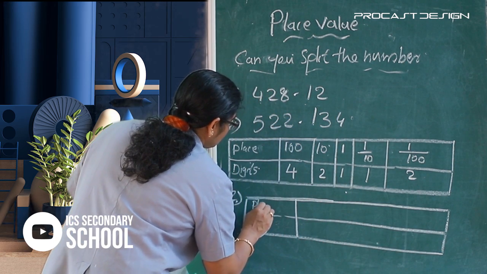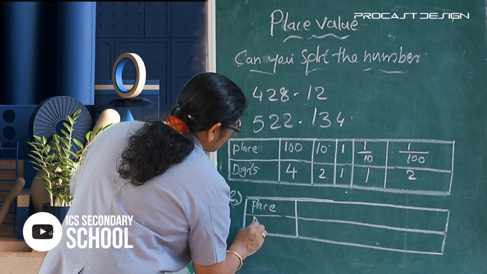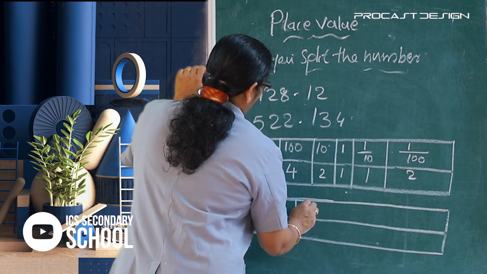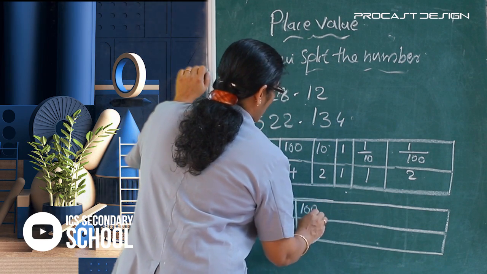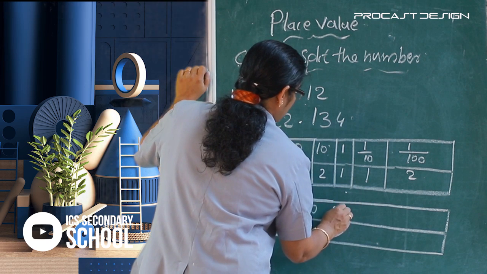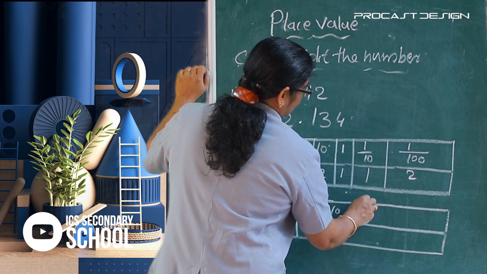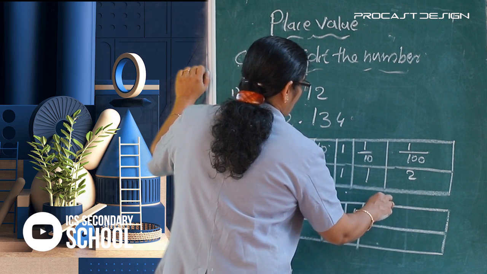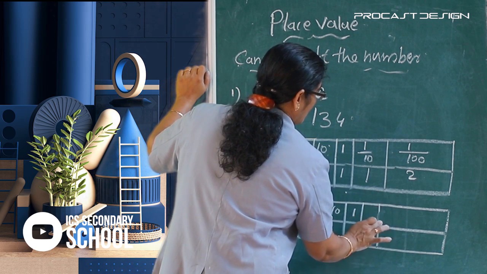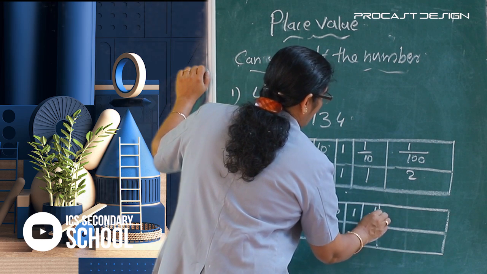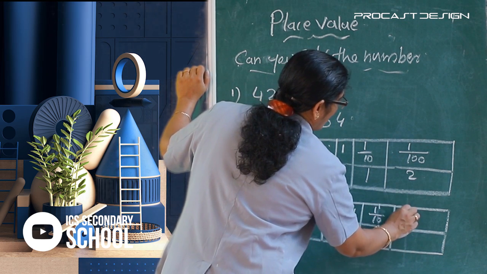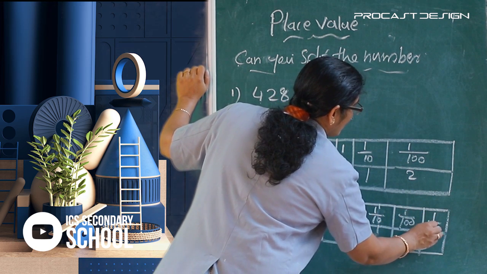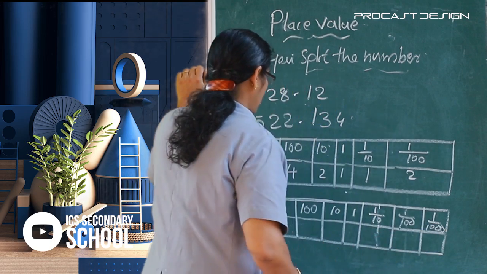Place, digits: 100, 10, 1, 1 by 10, 1 by 100, and 1 by 1000. Okay.